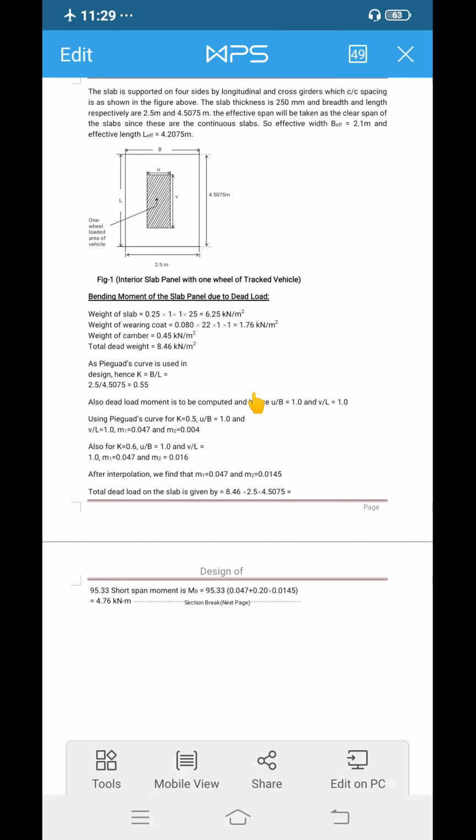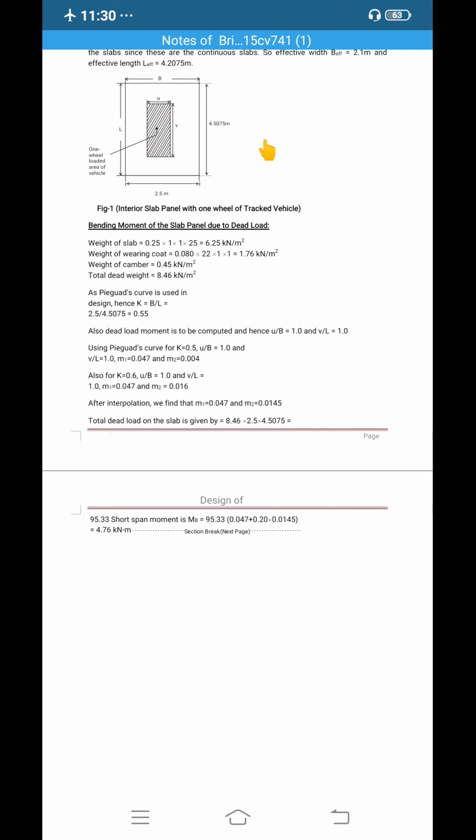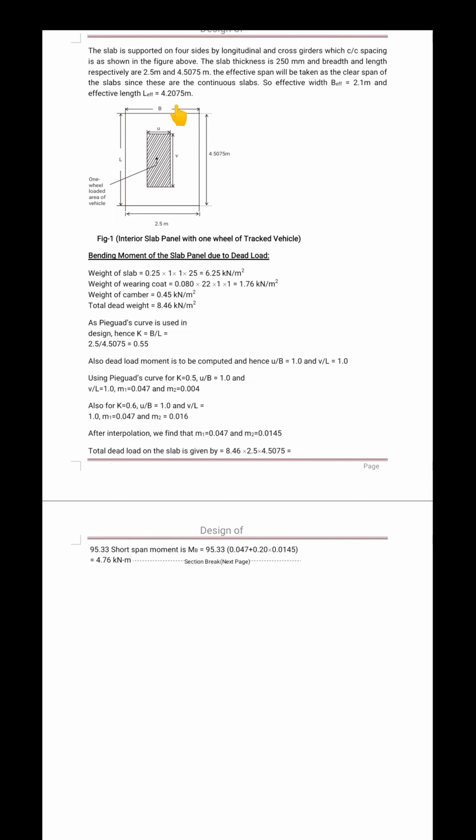Dead load on the deck slab, we don't have any load, only the plain surface will be there. We don't have any wheel upon that. So for that, v and l are the same, and u and b are the same. So for that reason, v by l and u by b equal to 1.